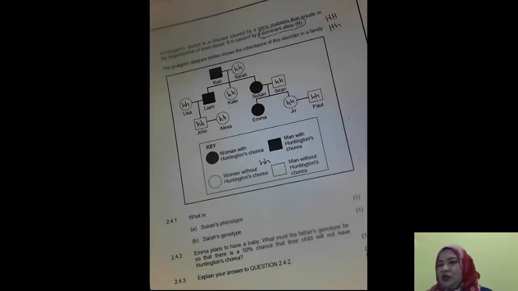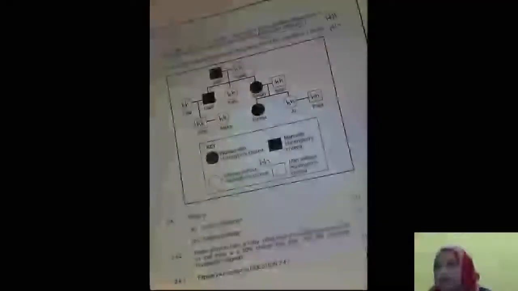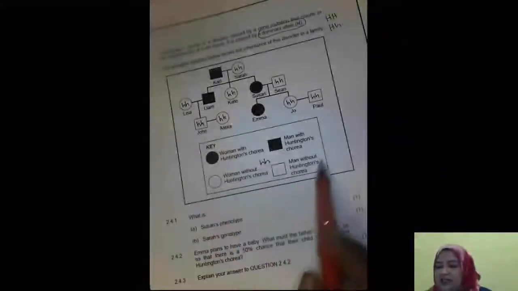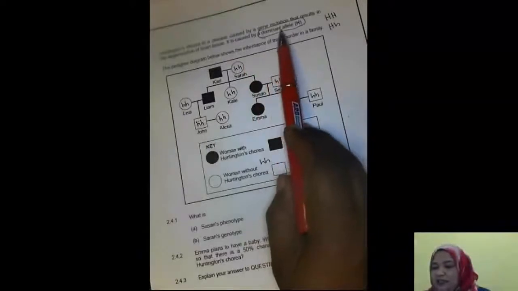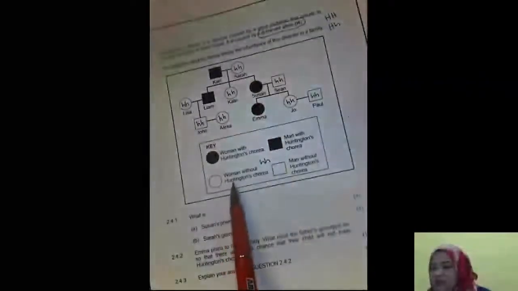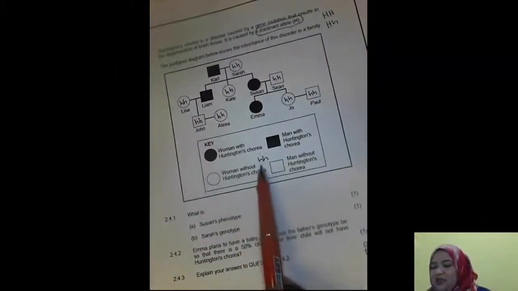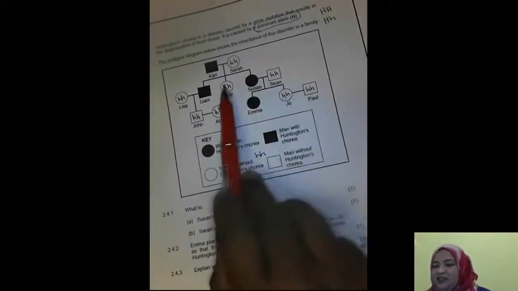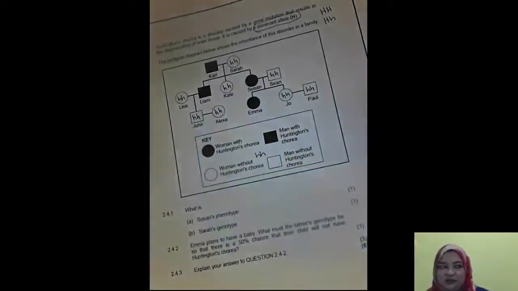So, as I say, always write on your question paper, first analyze your diagram, and read the question properly. Study the key first. Because they're saying it is caused by a dominant allele, I know that those without it have to be homozygous recessive. And I can immediately just identify those individuals.